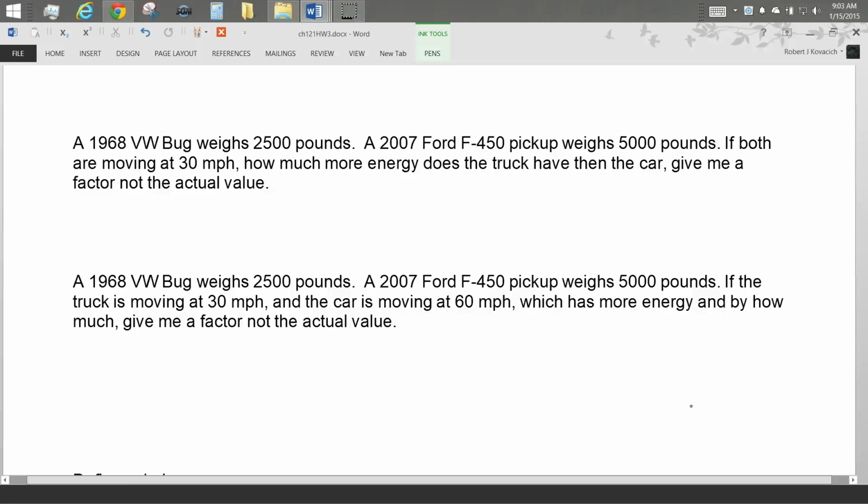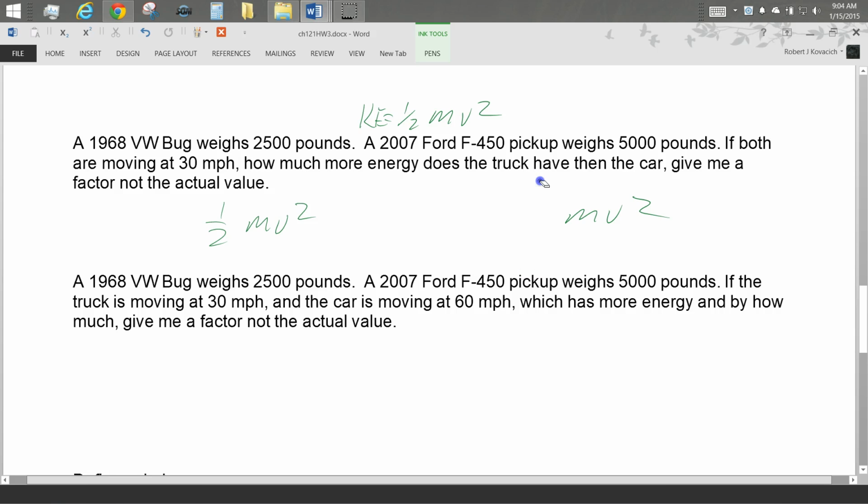How much more energy does it have? Twice as much. So what I have is the kinetic energy equation: kinetic energy is 1/2 mass times velocity squared. So I have the VW Bug with 1/2 mv squared, and the truck with 1/2 mv squared. If I'm comparing these two things, what can I do right away?